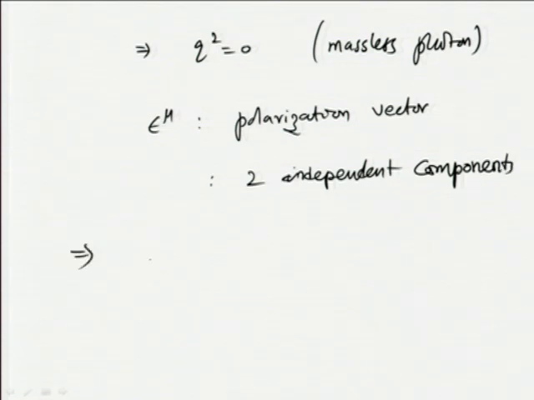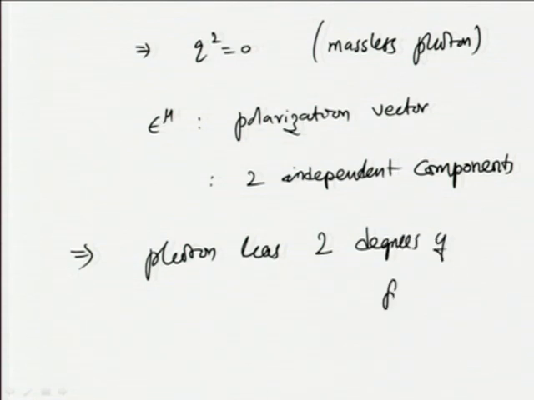That in turn tells us that photon has 2 degrees of freedom. So, we will come to the discussion of the interaction of charged particles with such photon fields in the coming discussion.